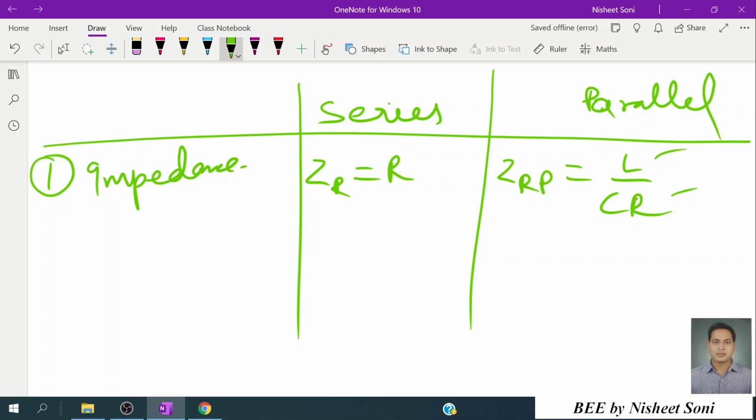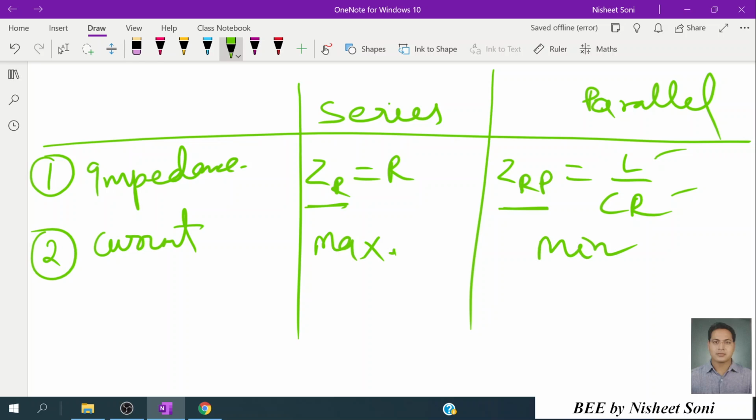In series resonance ZR was very low, but in parallel resonance ZRP will be very high. Since in series resonance the impedance is very low, the current is maximum, but in parallel resonance the impedance is very high, so definitely the current will be less. In series resonance current will be maximum, but in parallel resonance current will be minimum.